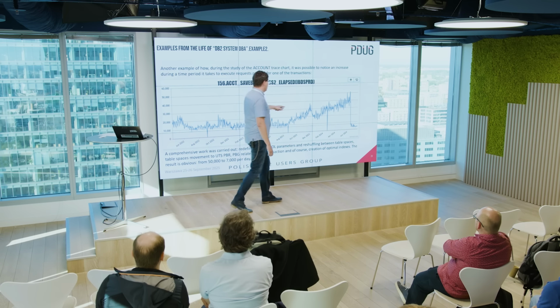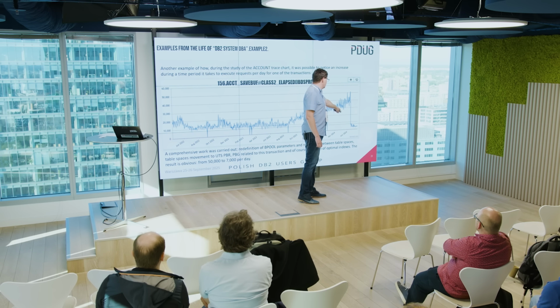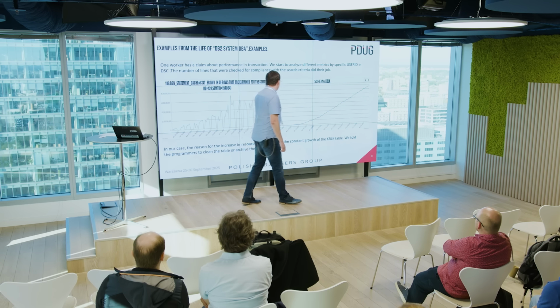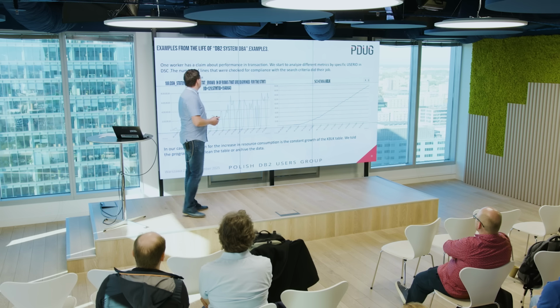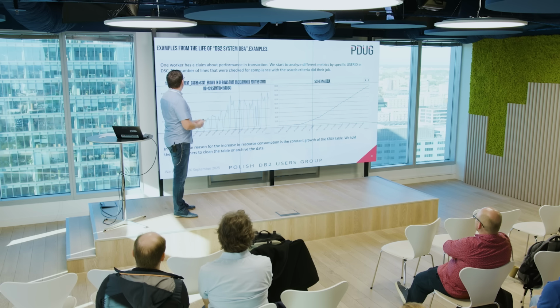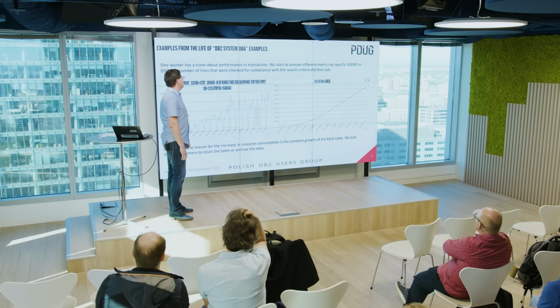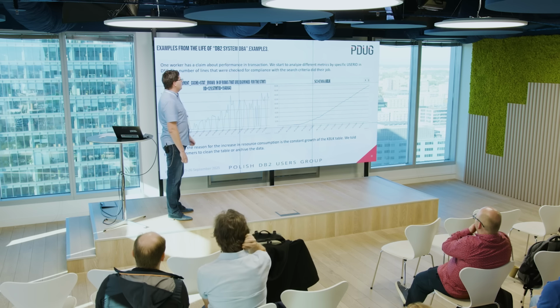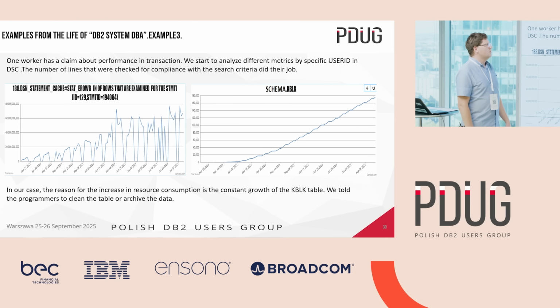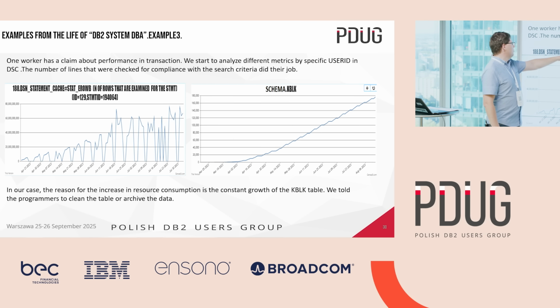This chart also shows improved values. Second example, one user had a claim about performance in a transaction. We started to analyze different metrics by specifying the user ID in this statement cache. The number of lines that were checked for compliance with the search criteria, this is the job, it's stat row WB.